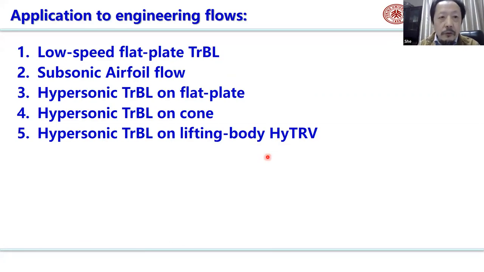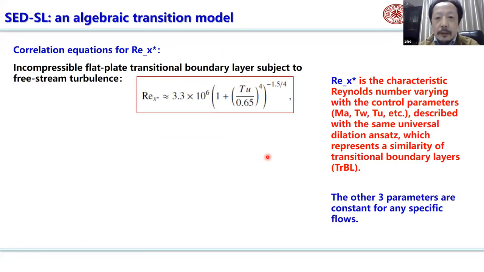First, let's talk about a low-speed flat plate. As I said earlier, we have to define the transition Reynolds number. Here is the formula as a function of the incoming turbulence intensity. Here we identify a critical incoming intensity of 0.65 percent.